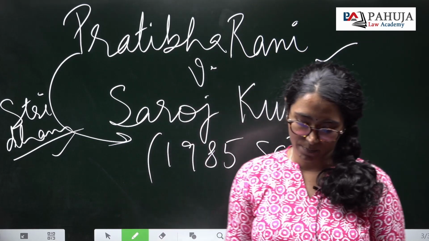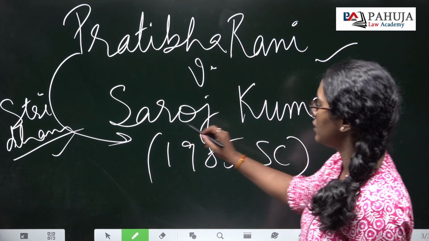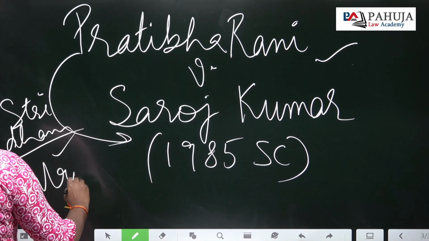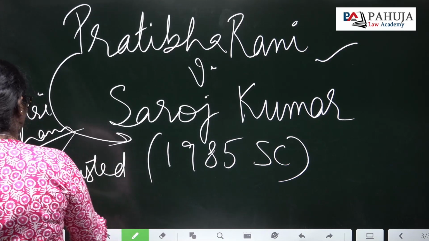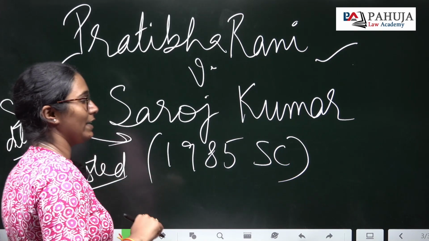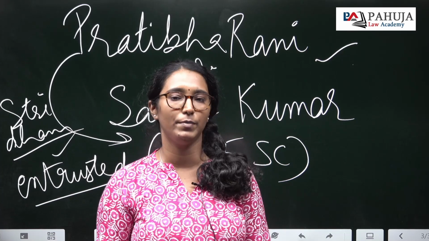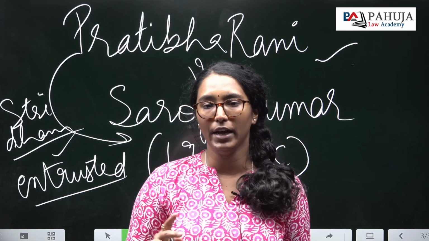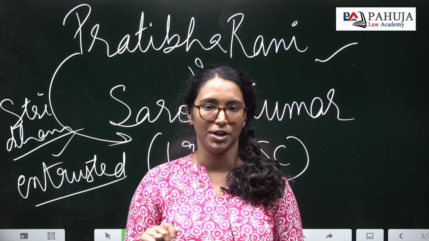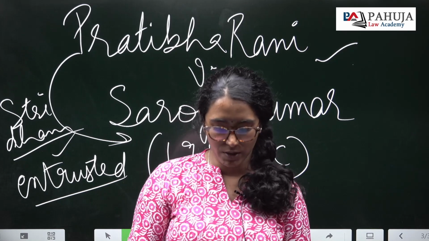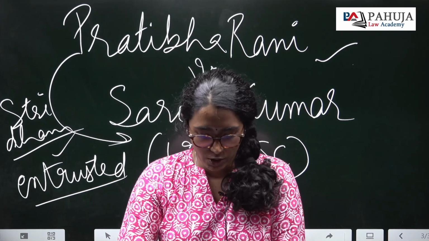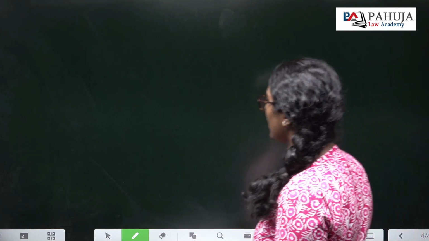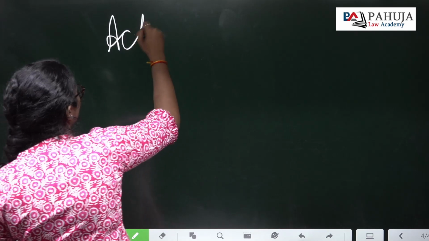But the apex court held that the giving of Stridhan to the husband was only an entrustment of property. She entrusted her property to her husband, but it did not create a relationship of partnership between the two. The apex court stated that there are two very important essentials to create a partnership. The first being that there must be a real or physical act between two persons to start a business.